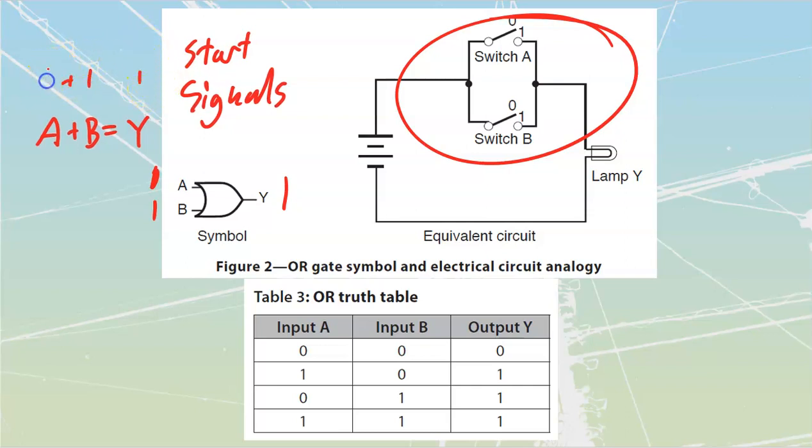The one that gets a little bit trippy is if both were high, 1 plus 1 equals 1. In Boolean algebra, we can never go higher than the value that we started with. So 1 plus 1 equals 1. In other words, a high plus a high equals a high out of this. We define this one with the statement: any high gives a high.